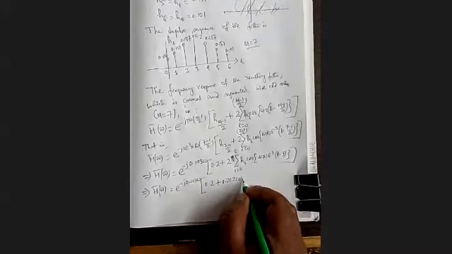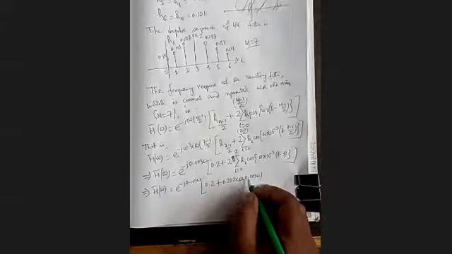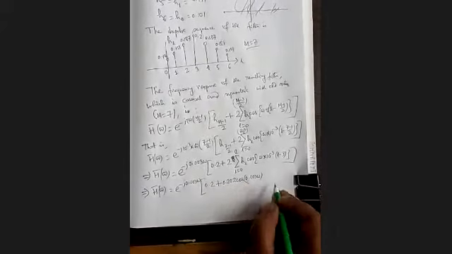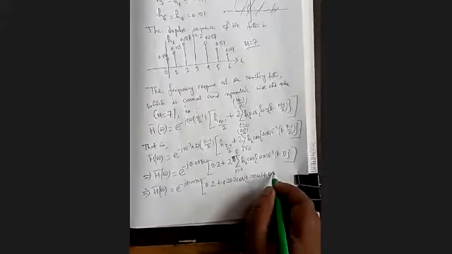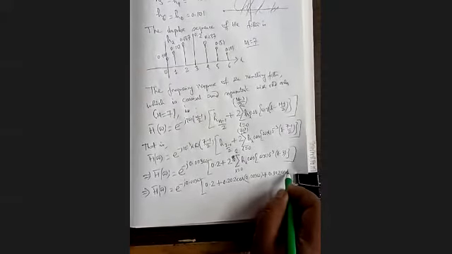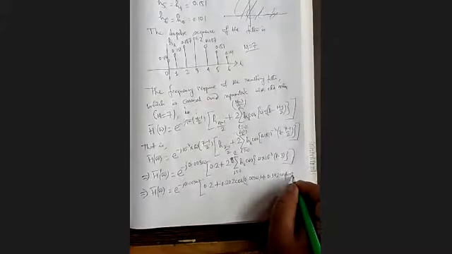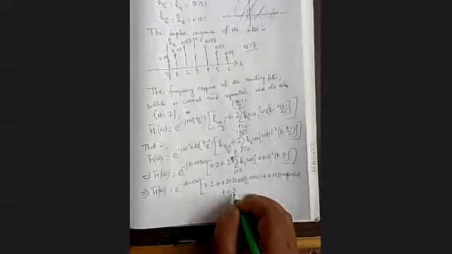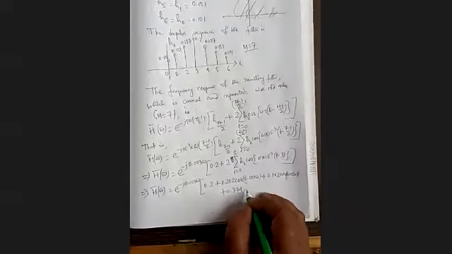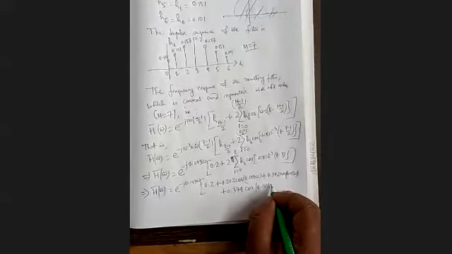0.202 cos 0.003 omega plus 0.302 cos 0.002 omega plus 0.374 cos 0.001 omega.